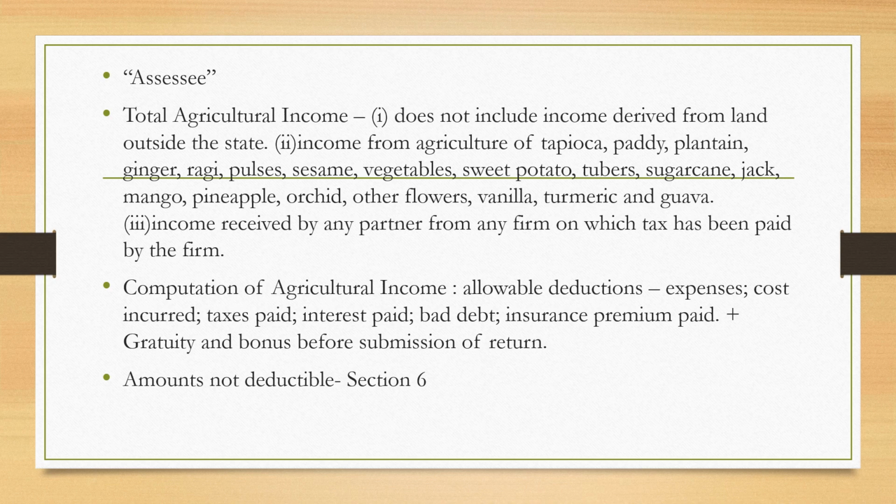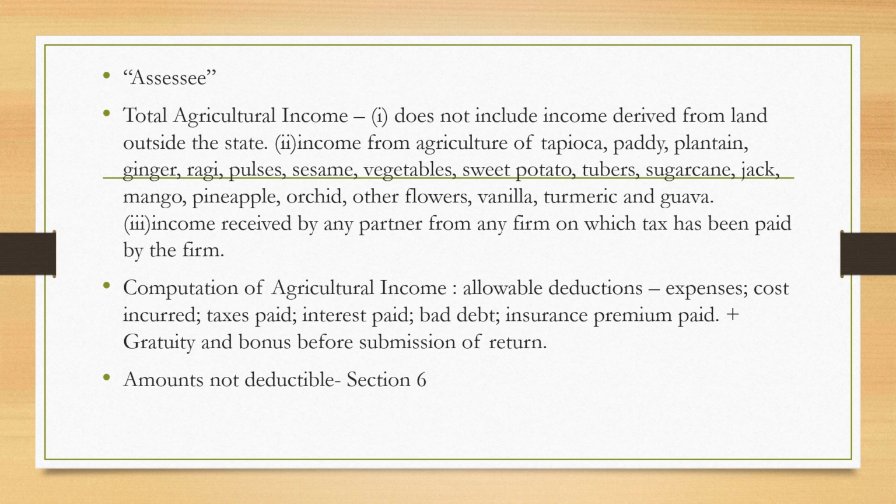And the fourth one is every person who is deemed to be an assessee in default under any provision of this act. So that is how assessee is defined. It is to be noted that a person becomes an assessee and responsible for tax liability not only for his own income or income from his own agricultural land, but there are circumstances where he will be responsible for the income of others too.